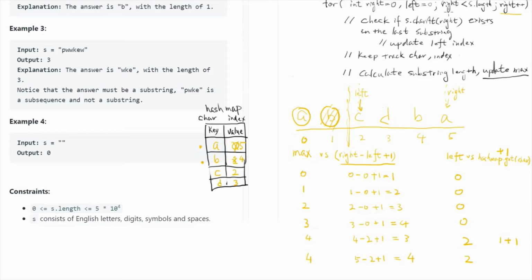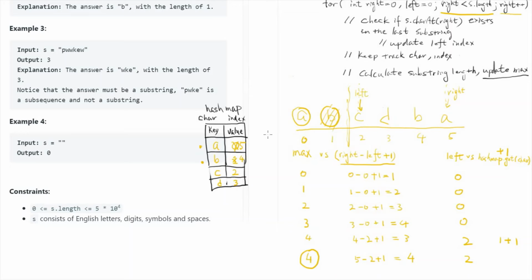At this point, the right index reaches the end of the string, so our for loop stops here. When we exit from the for loop, we have 4 as the max length of the substring. Then we will return 4 as our answer.